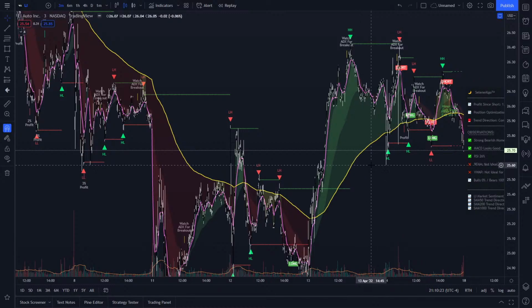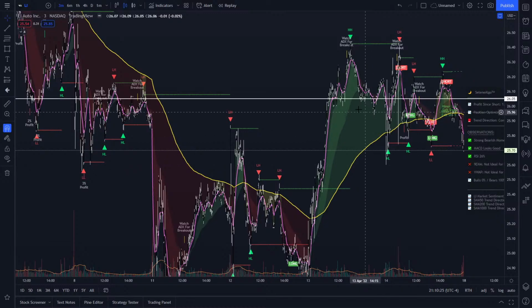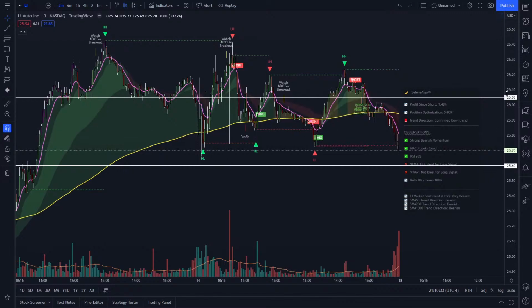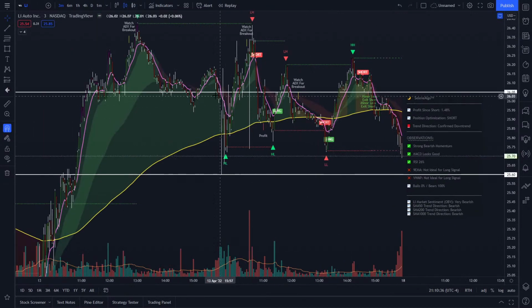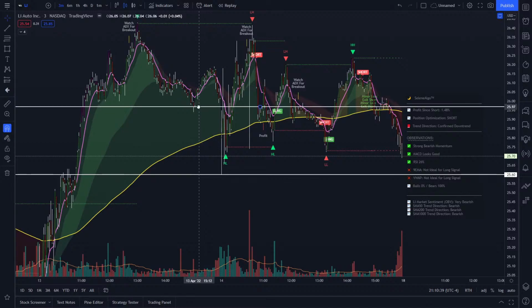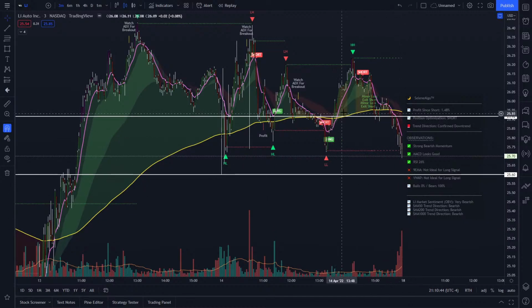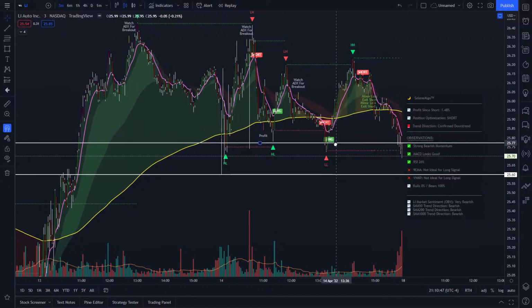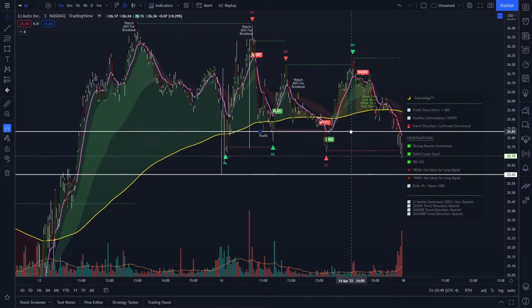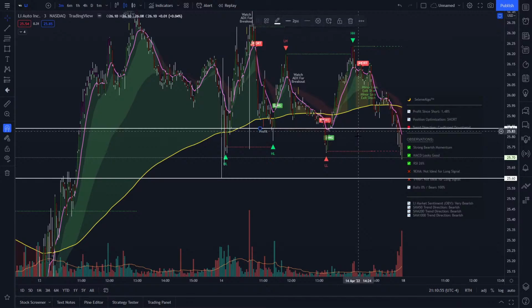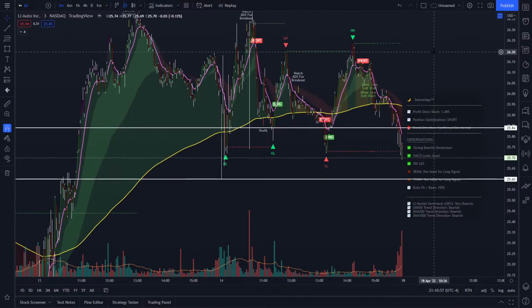There's a wall right there. We look at plug.